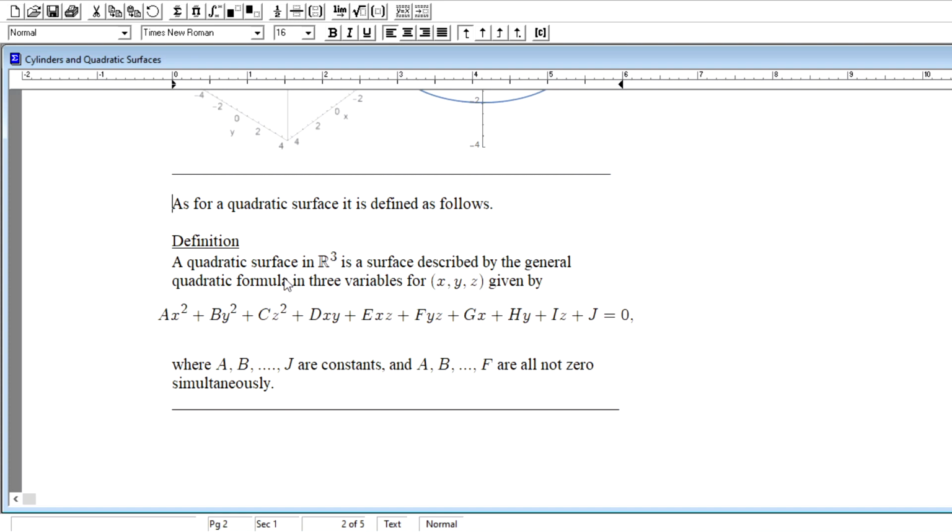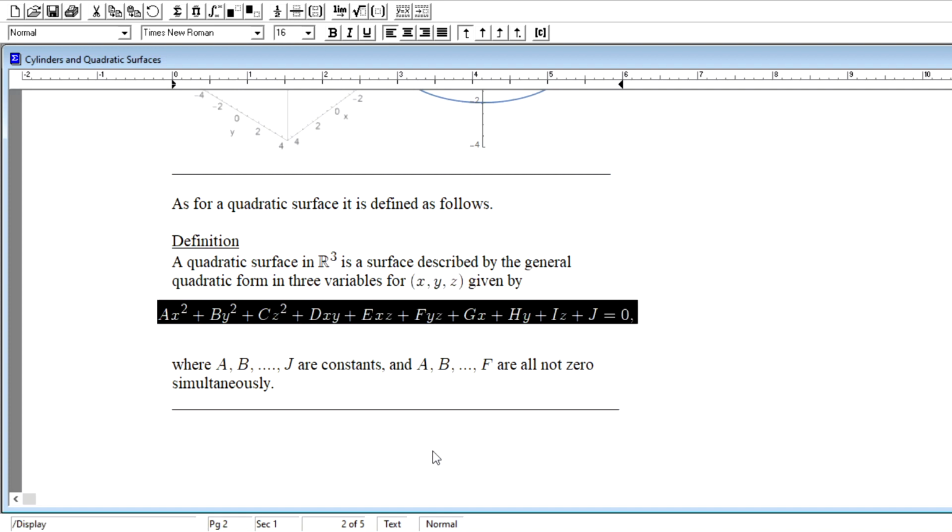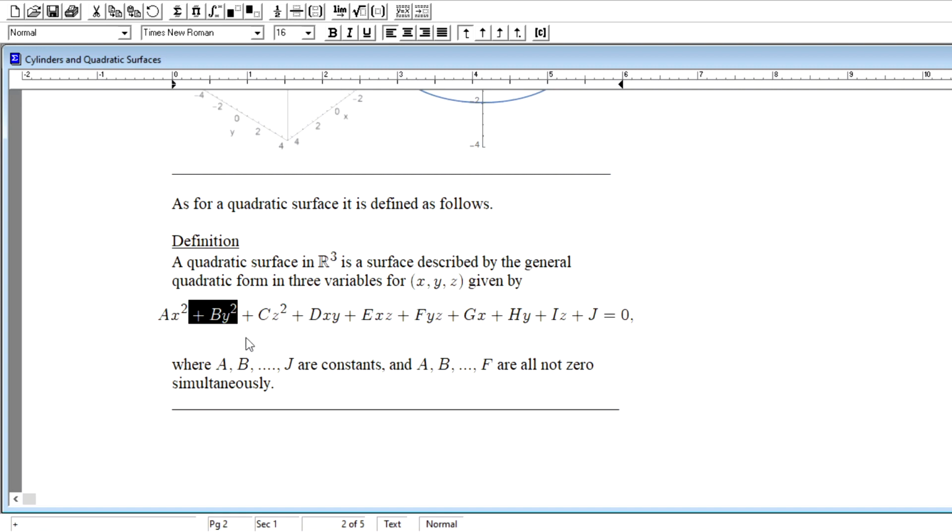A quadratic surface in three-dimensional space is a surface described by this general quadratic form, I should say form, so we don't confuse it with the quadratic formula from our studies of algebra. It is the general quadratic form in three variables x, y, and z given by ax squared plus by squared plus cz squared plus dxy plus exz plus fyz plus gx plus hy plus iz plus j all equal to 0.